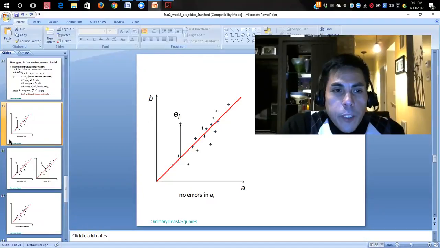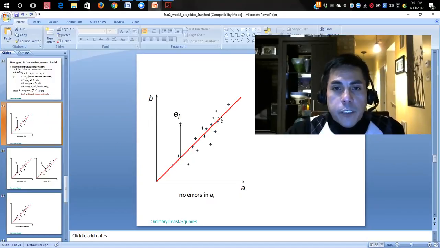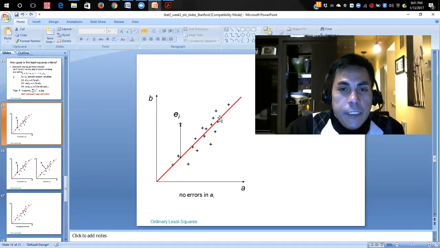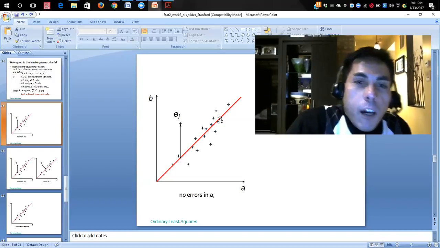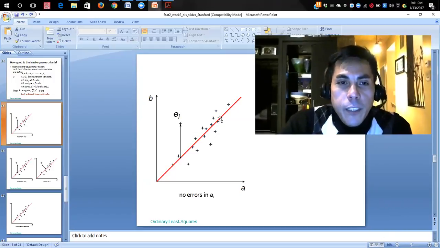We left off with this ideal situation in linear regression where the error term of all the independent observations is 0. So this is the ideal model within the Gauss-Markov theorem.